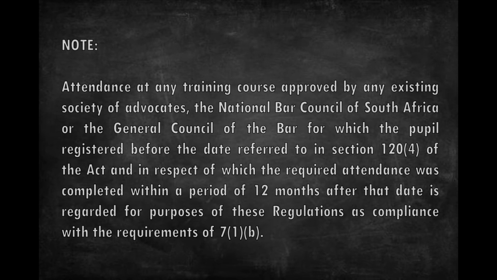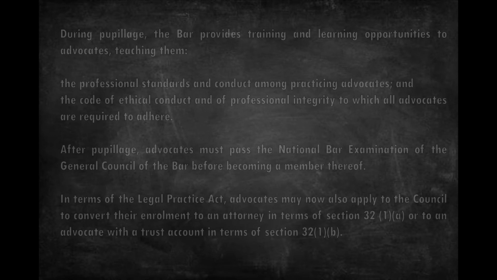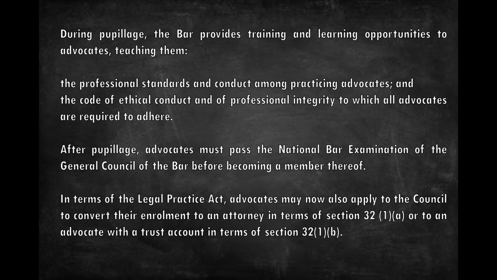Take note that attendance at any training course approved by any existing society of advocates, the National Bar Council of South Africa, or the General Council of the Bar, for which the pupil registered before the date referred to in section 120 subsection 4 of the Act, and in respect of which the required attendance was completed within a period of 12 months after that date, is regarded for purposes of these regulations as compliance with the requirements of rule 7 subsection 1b.